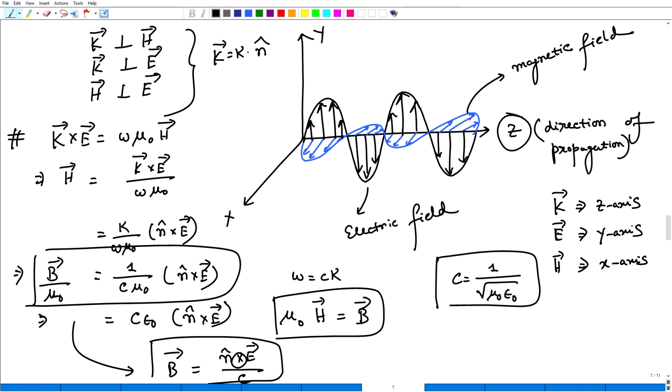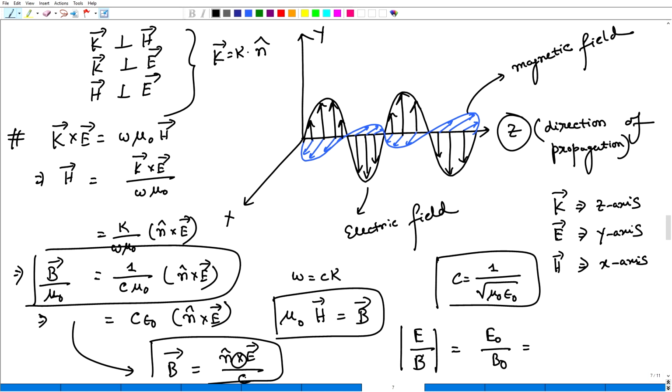But one thing we should notice here: the mod of E by H, or B we can write, if it is B not H, the mod of E by B equals E naught by B naught, because the mod is considered.